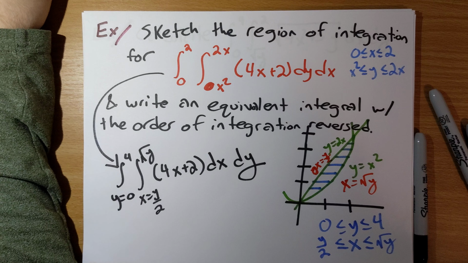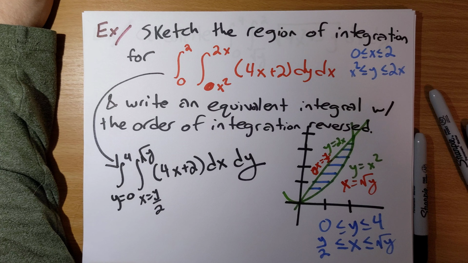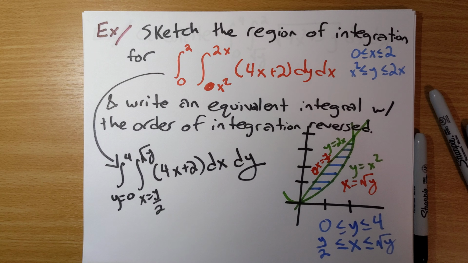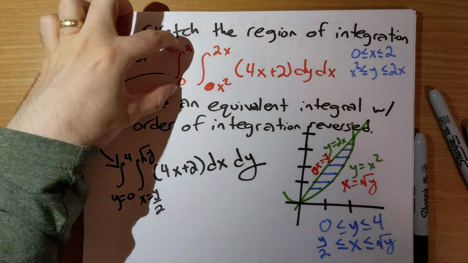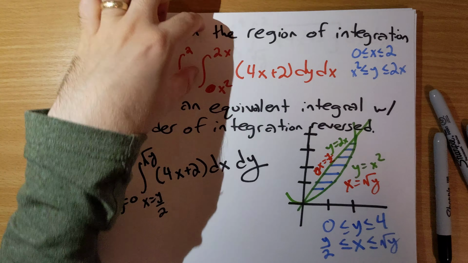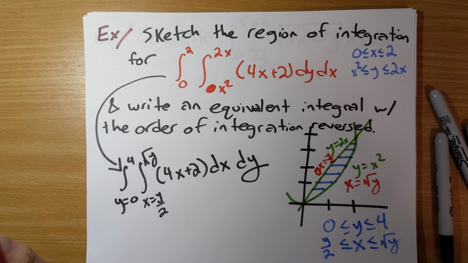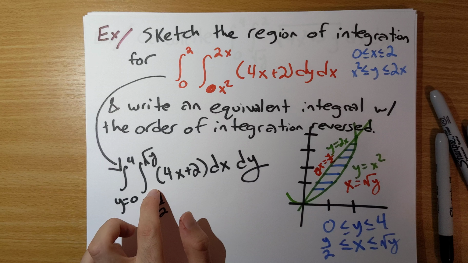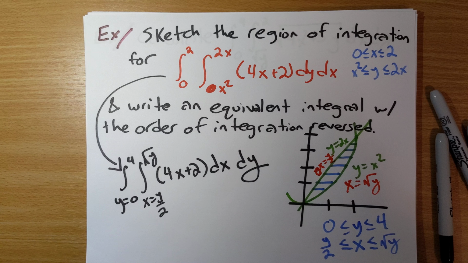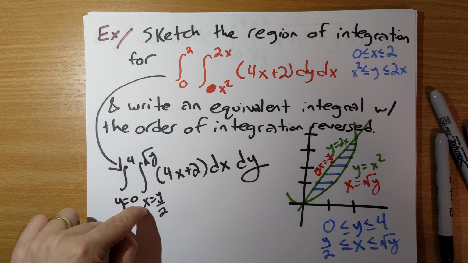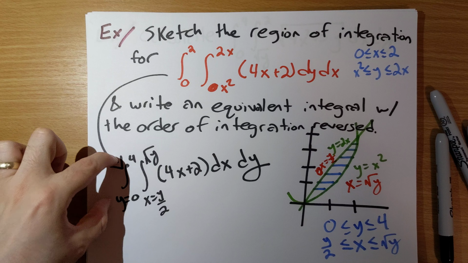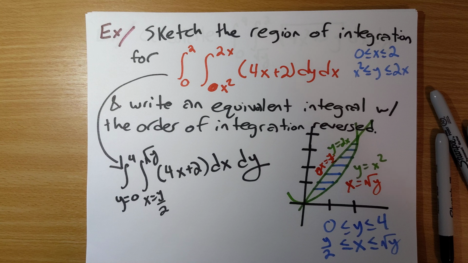Note one thing that I haven't really made a big point about, but maybe here's a good time to make a little bit of fuss, is that the outside bounds on your integral always need to be constants. The inside bounds are allowed to be functions of some other variable. So like here we write x as a function of y, but the outside bounds always have to be constant.